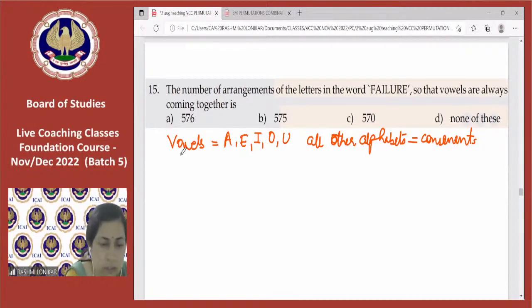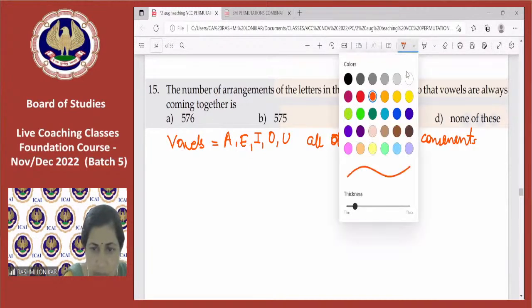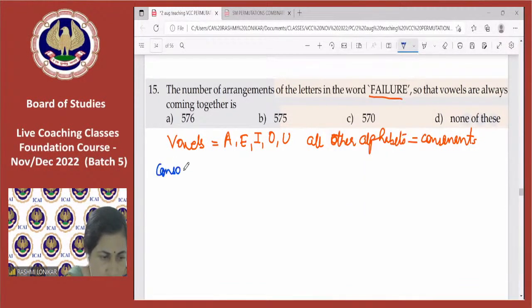Now I will read this, let this word be failure. If it is a consonant, I will write it here. If it is a vowel, I will write it here. Now failure: F is a consonant. A is a vowel. I is a vowel. L is a consonant.